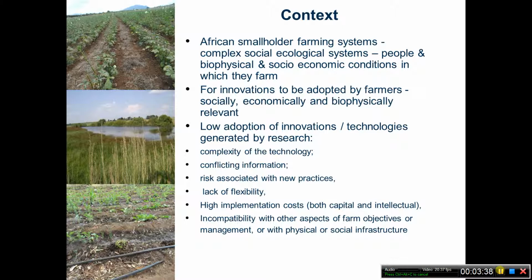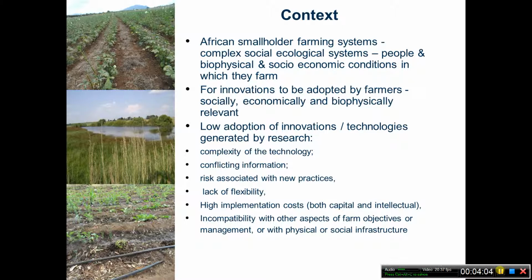And for a research project to produce innovations that the farmers can adopt and use, these innovations have to be socially, economically, and biophysically relevant. Which means that they have to work in the social context, they have to work economically, and they have to fit within the biophysical environment.